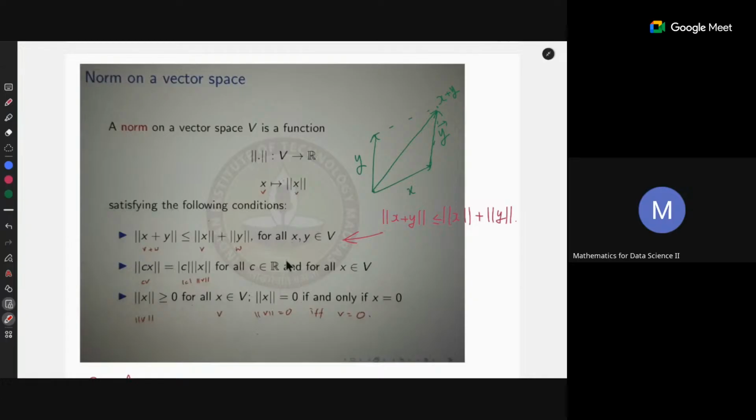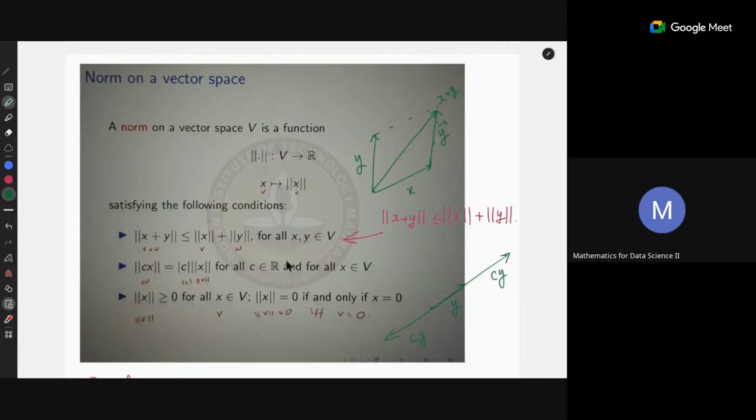Second condition is that if you take a scalar multiple of a vector, so let's say you have a vector y, and you take a scalar multiple of this, some c times y, then the length also gets multiplied by that scalar. And it should be independent of the sign of that scalar, whether you multiply by a positive scalar or a negative scalar. The length is changed, and you just want to know how much the length is changed.